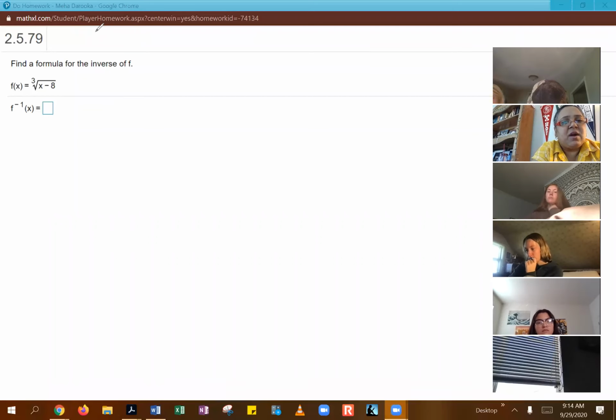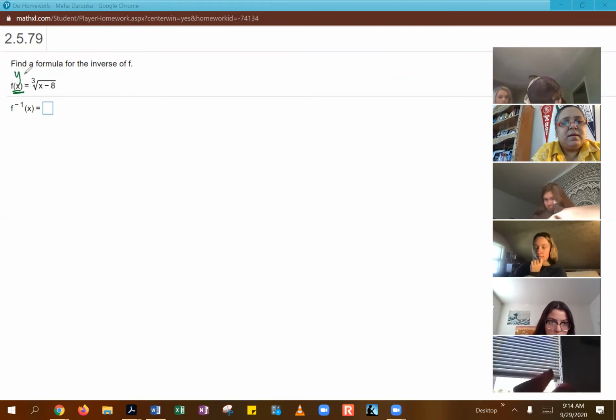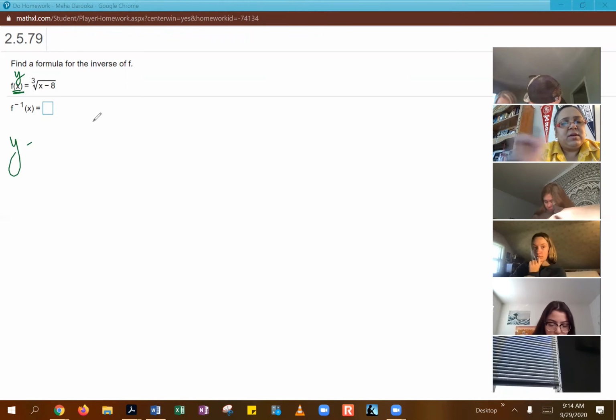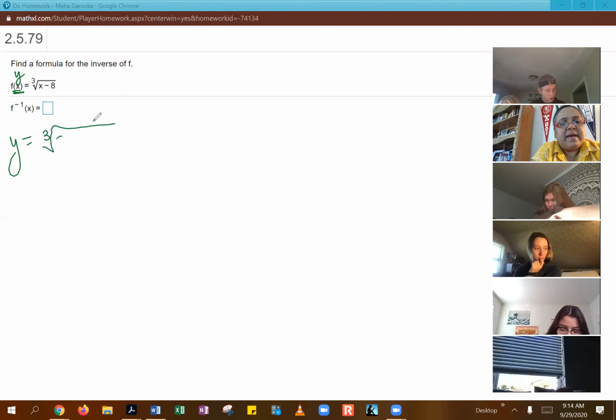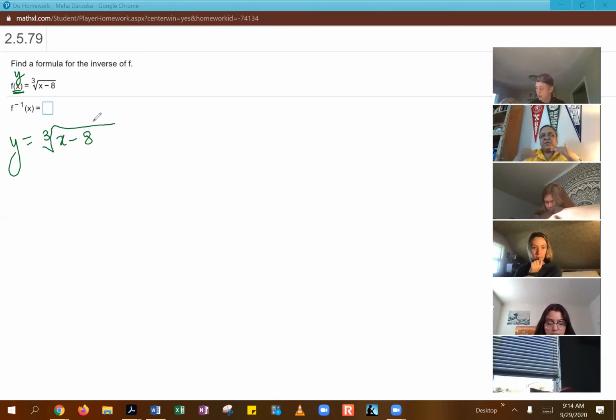Start by replacing your f of x with the y variable. So you would end up with y equals cube root of x minus 8. Once you replace the f of x with the y variable, remember that's where we do the switch.